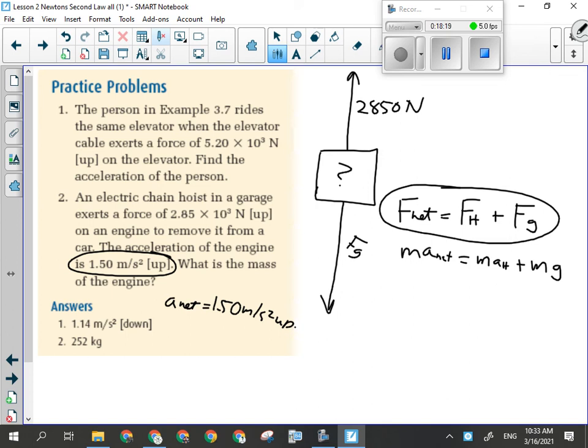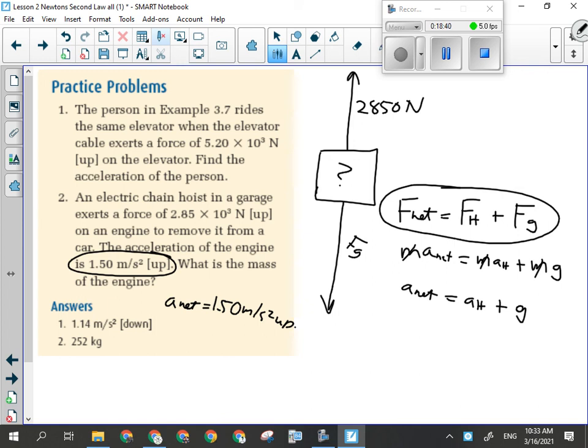Here's why I want to cancel off the masses. If I take these masses out, now what I'm saying is net acceleration is the vector sum of all accelerations. Also true. So my net acceleration, which I know the value of, equals the acceleration of the hoist plus g.